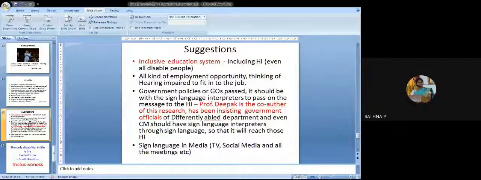fit this job. Accordingly, we have to give the jobs. It is not about saying it cannot be fit into, that people cannot be fit into anything. No. We have to identify according to their ability. One person says that cinema editing work will be done only by disabled people because they can sit for a long time and do it.